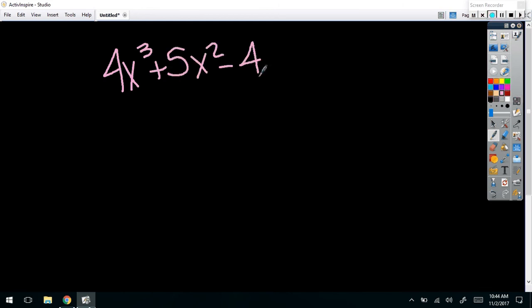All right, I'm going to start this one out equal to 0, okay? Before I actually factor this one, remember my very first step is to make sure it equals 0.